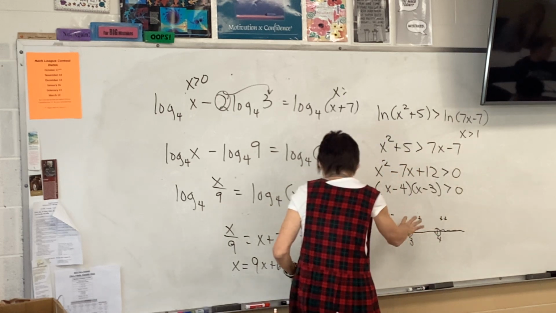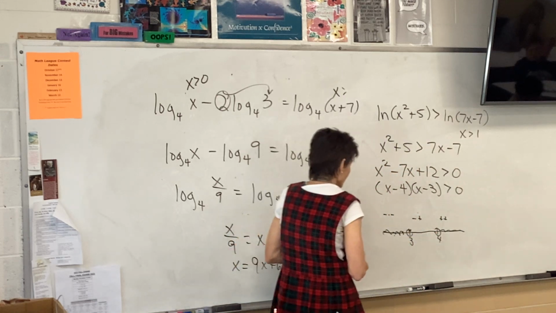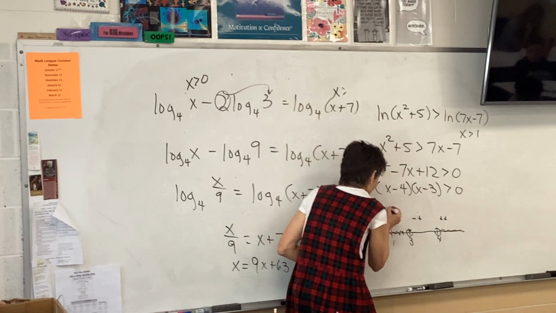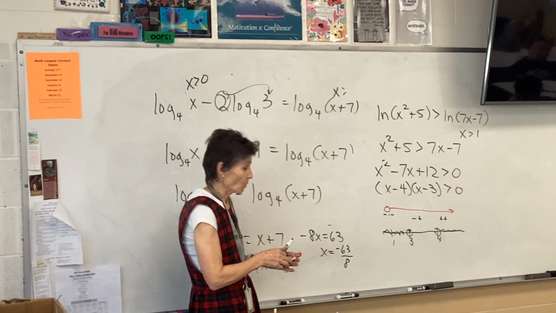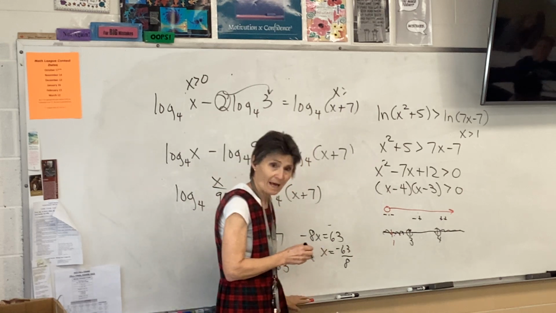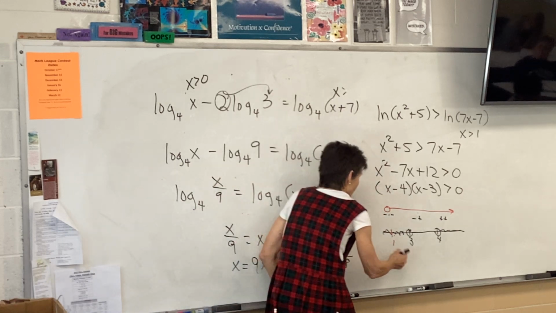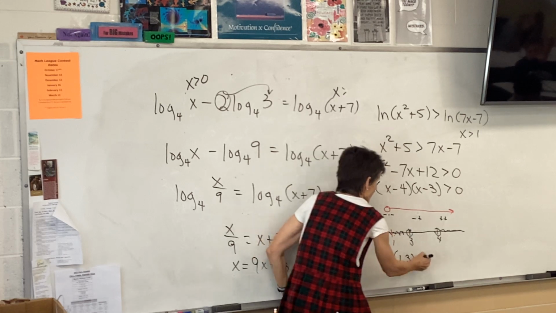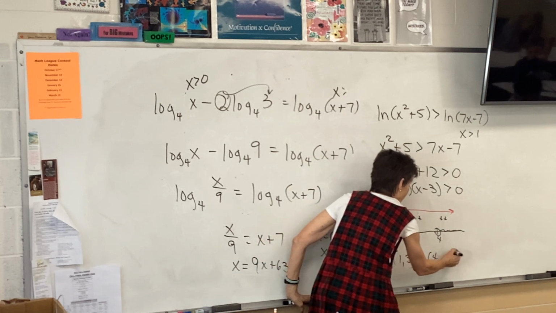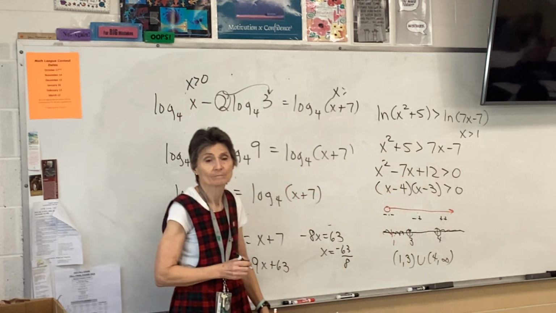So on top of what I've already solved, I have to be bigger than 1. So what is red and black? Everything from 1 to 3 is red and black, and then everything from 4 on is red and black.